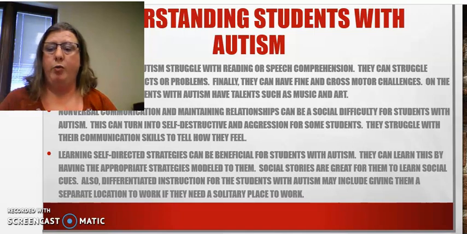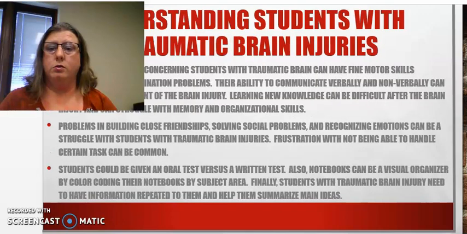Students with traumatic brain injuries will have issues concerning fine motor skills and coordination problems. They also have a hard time processing and communicating how they feel, their positive and negative feelings.